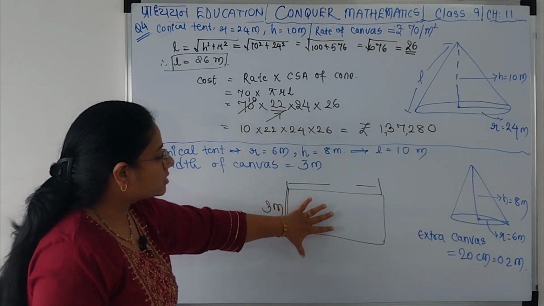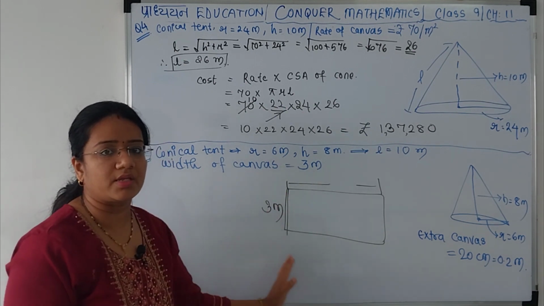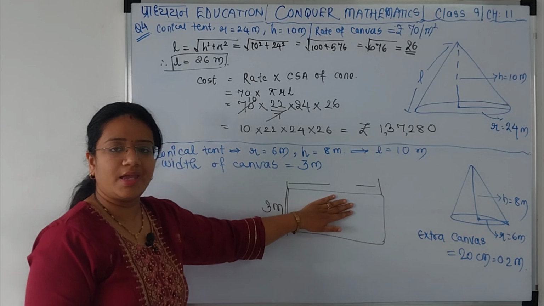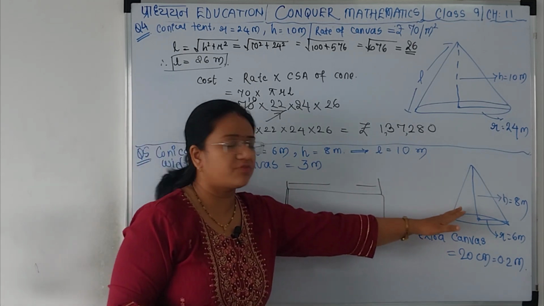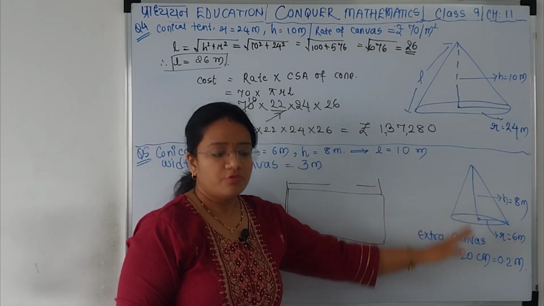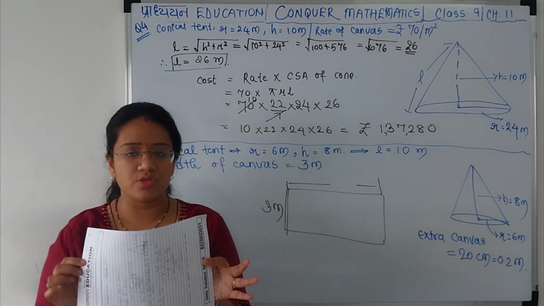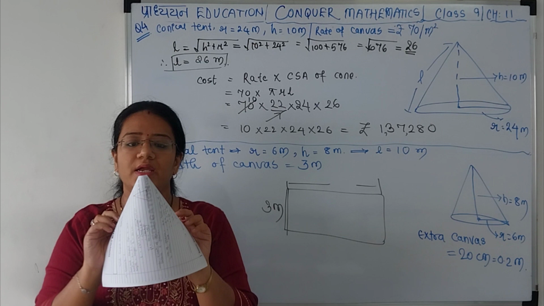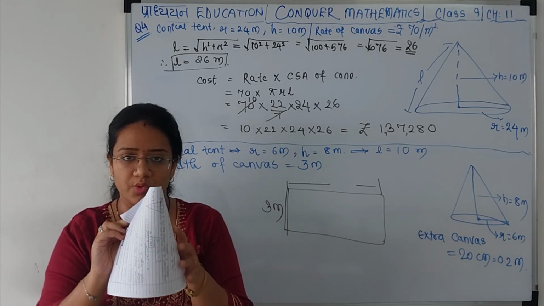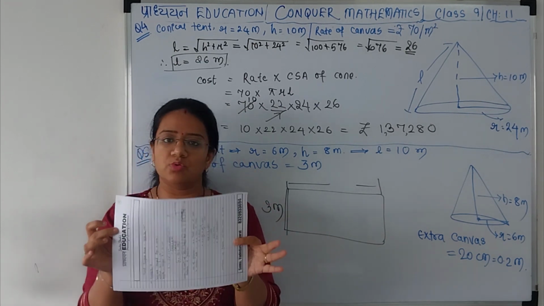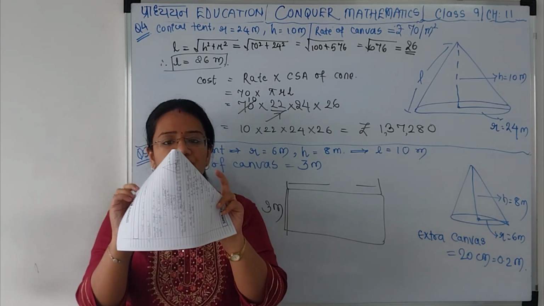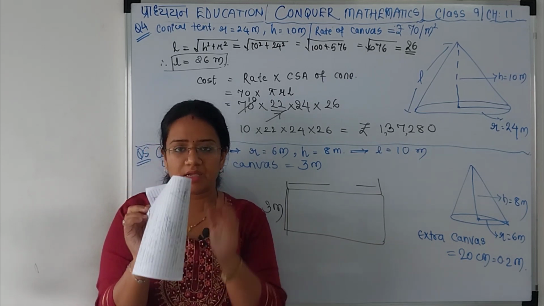Okay? Now this is a cloth in a rectangular shape. Whatever its area is, that will be the curved surface area for the tent. For example, see, this is a rectangular page. If you are covering it and converting it into the shape of a cone, then when you open this, it is going to be a rectangle. You can fold it and make it a cone.